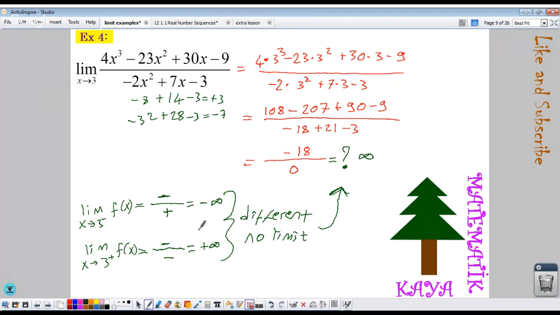Or if we would have found the same signed infinities in these two places, we could write it as the result, like minus infinity in here, minus infinity over there. If they were both minus infinity, we could write that the final result is minus infinity. Thank you for listening.